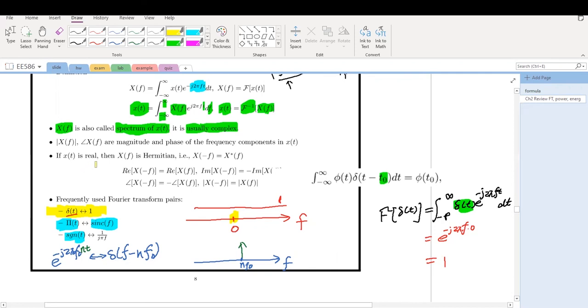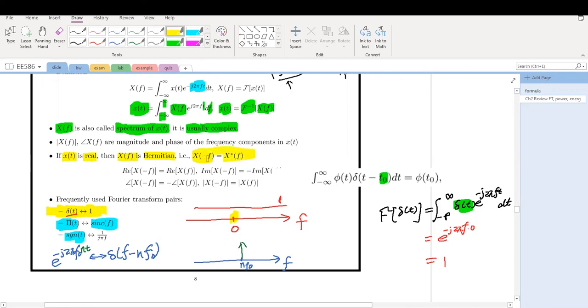Now we can look at a very good property of the Fourier transform. When the time domain signal is real, then X(f), the Fourier transform or the spectrum, is Hermitian. What Hermitian means is that if I flip the frequency domain of the spectrum, that's X(minus f), it equals the conjugate of the Fourier transform.